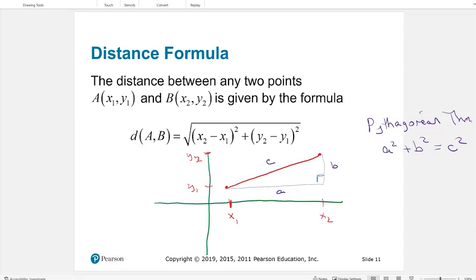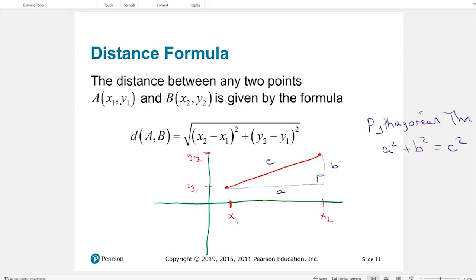Well, a is the distance between x2 and x1. And if I want to know the distance between two numbers, I just subtract them, right? Like if I want to know the distance between 1 and 4, the value is 3, because 4 minus 1 is 3. If I want to know the distance between -2 and +3, I still subtract. 3 minus -2 becomes 3 plus 2, or 5.